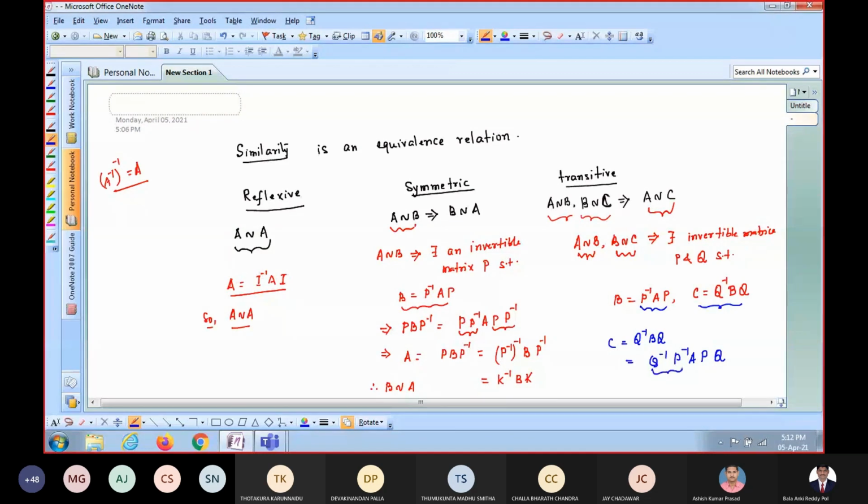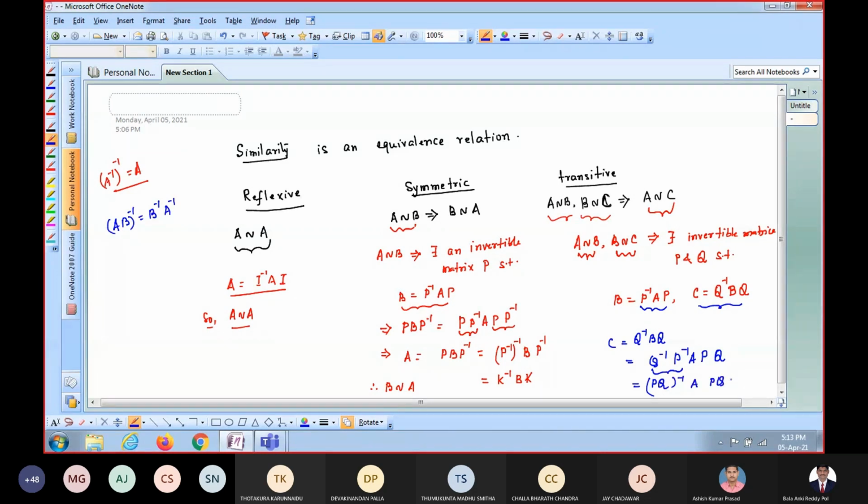Now, what is Q inverse into P inverse? You know that matrices satisfy the socks property, means inverse of AB is nothing but B inverse into A inverse. So I write this as PQ inverse then A then PQ.